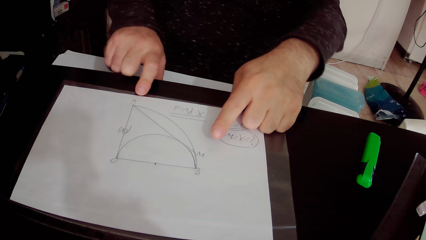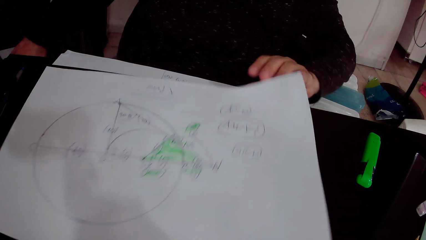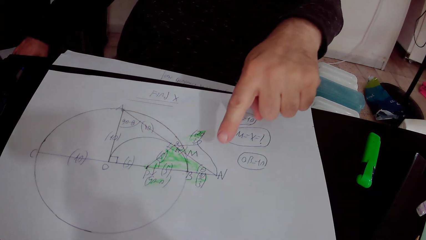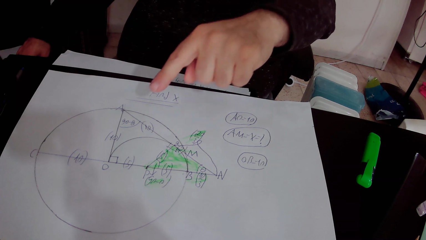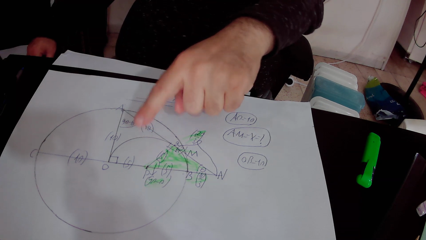So first of all, on the drawing, we know that AOB is a quarter circle, and therefore this angle AOB must be equal to 90 degrees, because it is a right angle.